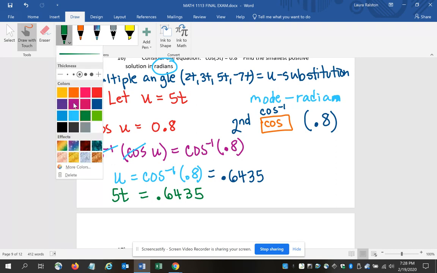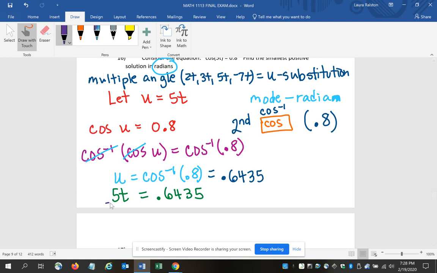So I'm going to divide both sides by 5. So t equals 0.1287 radians.